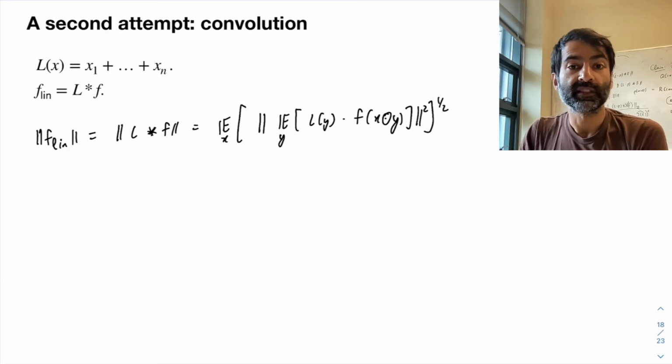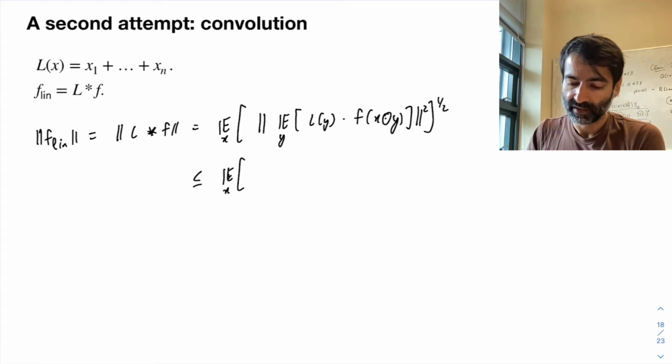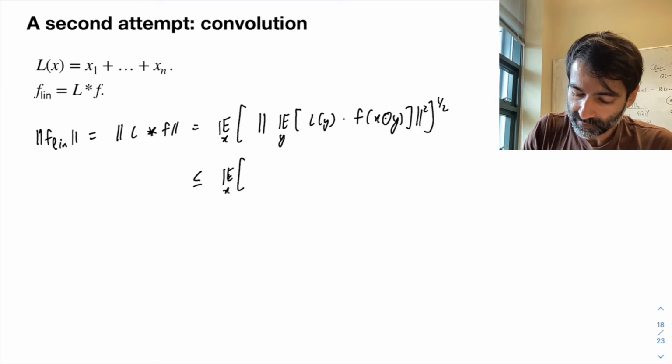Alright, now I'm going to use the triangle inequality of the norm to bound this. This is at most the expected value over x of the expectation of y.